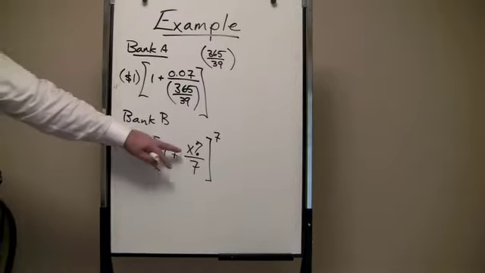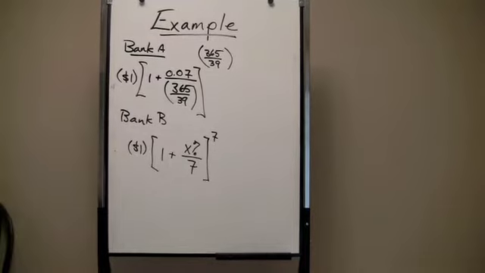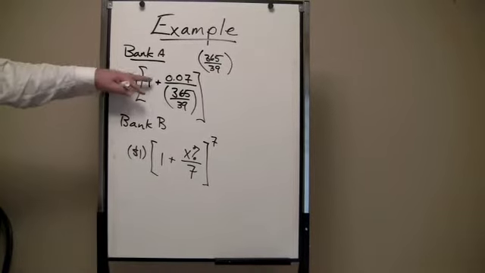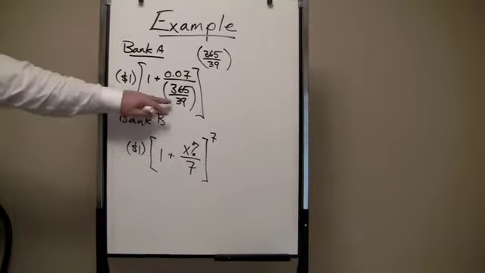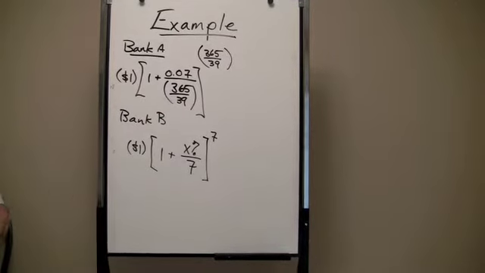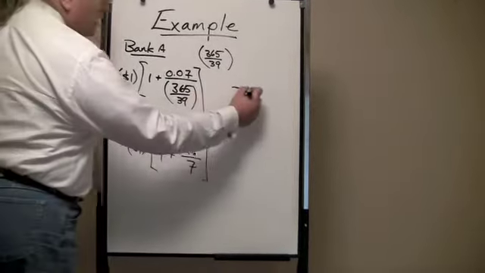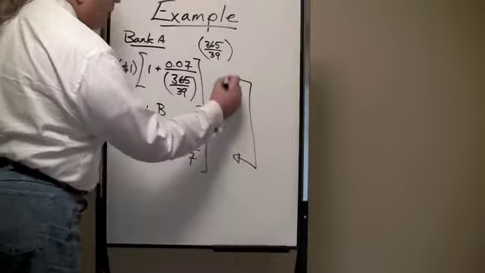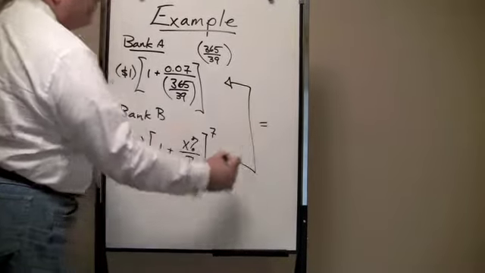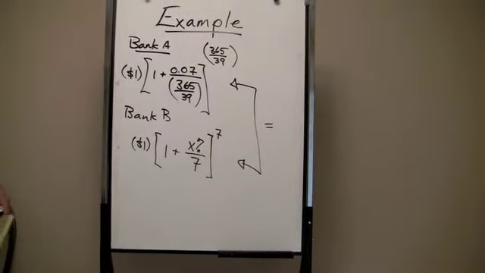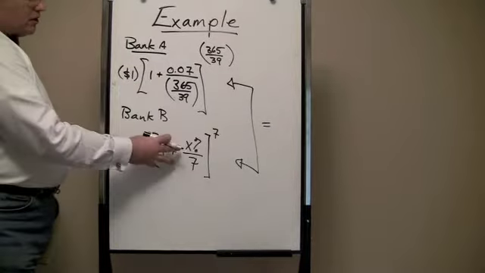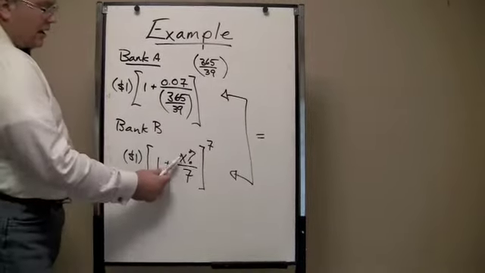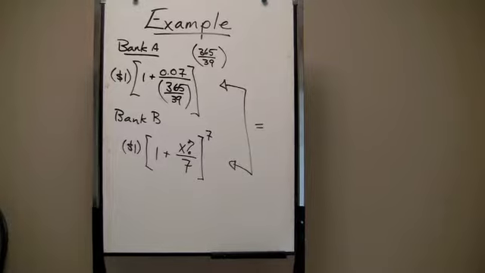If X percent compounded 7 times per year is to be equivalent to 7% compounded every 39 days, these two amounts must be equal. So in essence, I'm going to set up this equation equal to this equation and solve for X percent.